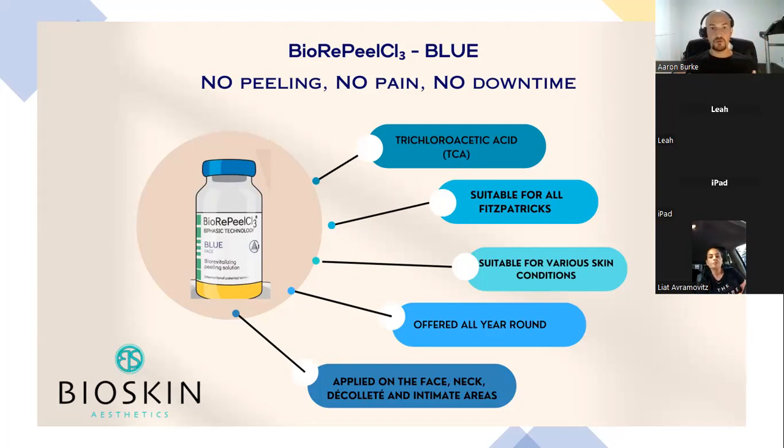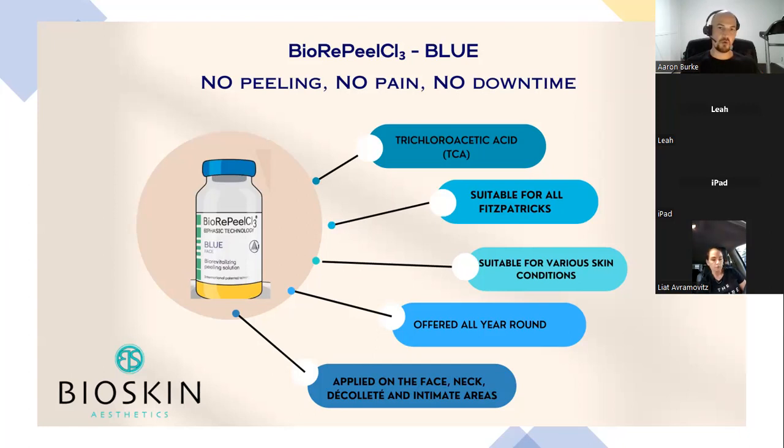However, it was also very specifically designed, with the goal in mind to not have the downtime, to not have the excessive peeling, to not have the pain during the procedure, to check the boxes on those things that are typically perceived as the drawbacks, the negatives, when you're talking to patients about TCA peels.